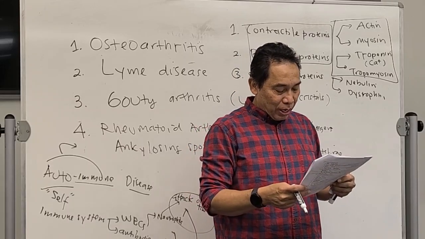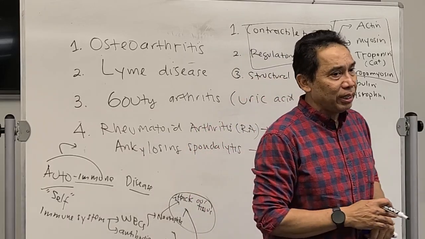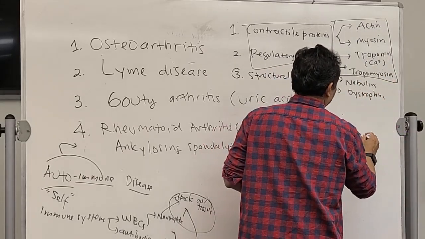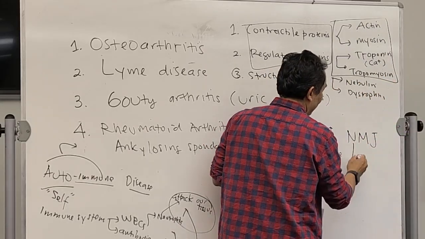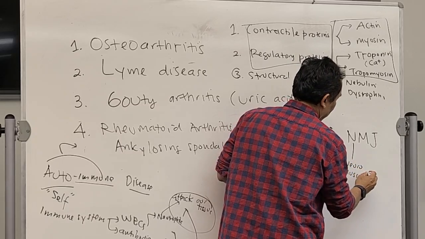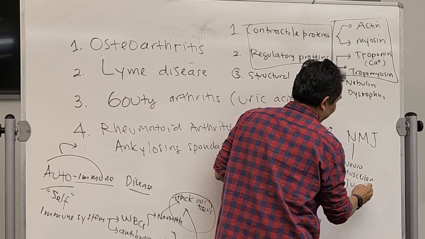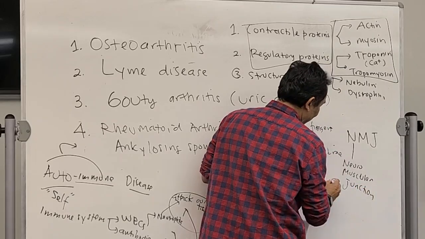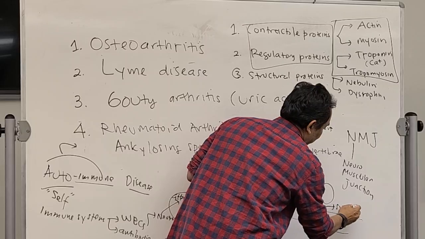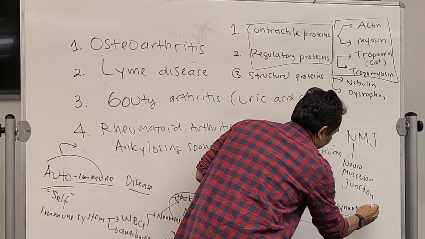Now, what do you call the neurotransmitter that is released into the NMJ? NMJ means neuromuscular junction, which is the junction over here, the synapse, the synaptic cleft.